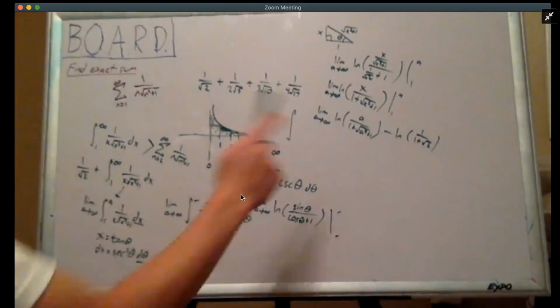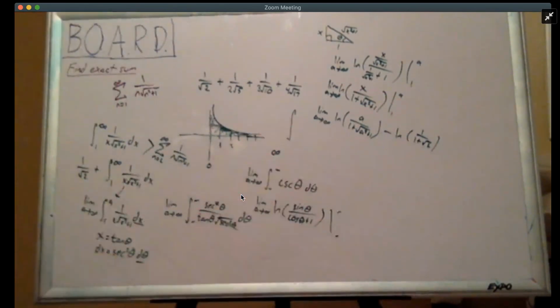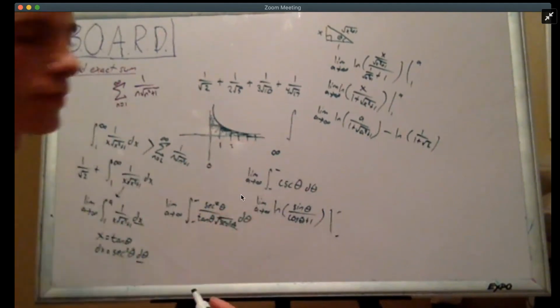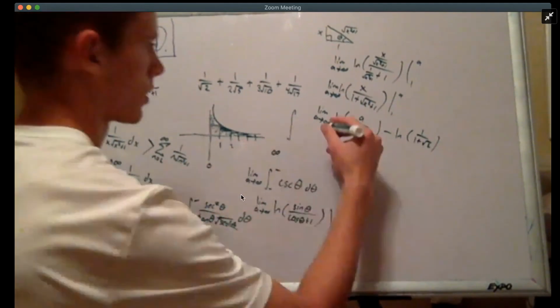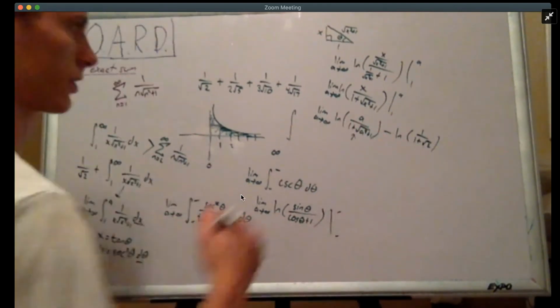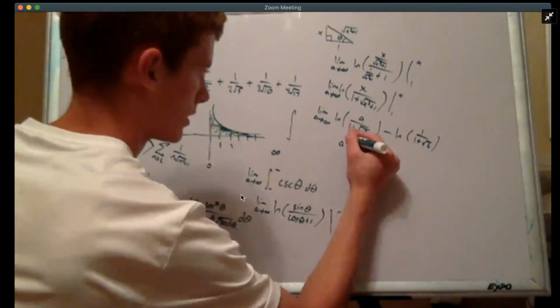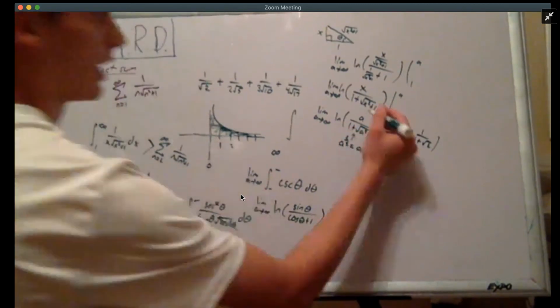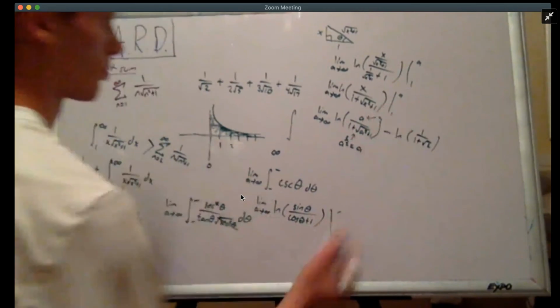So now, how do we find this? Well, we can just look at the highest power of a. So over here, in the denominator, the highest power of a is a to the 2 over 2, which is a. Highest power here is just a to the first as well.